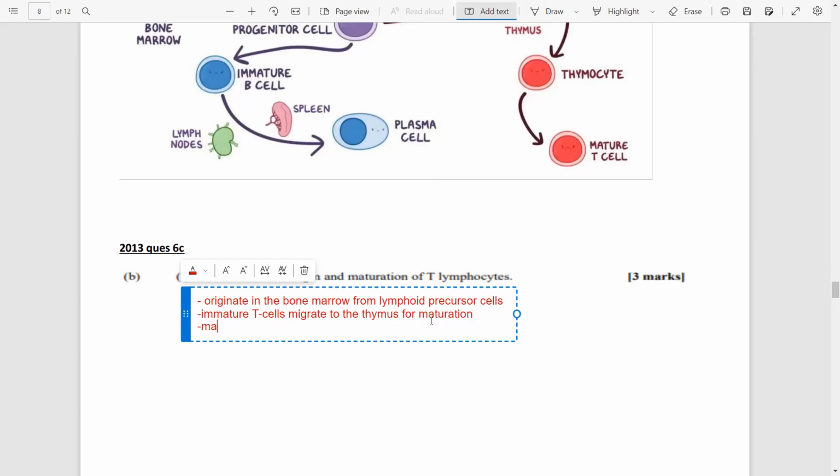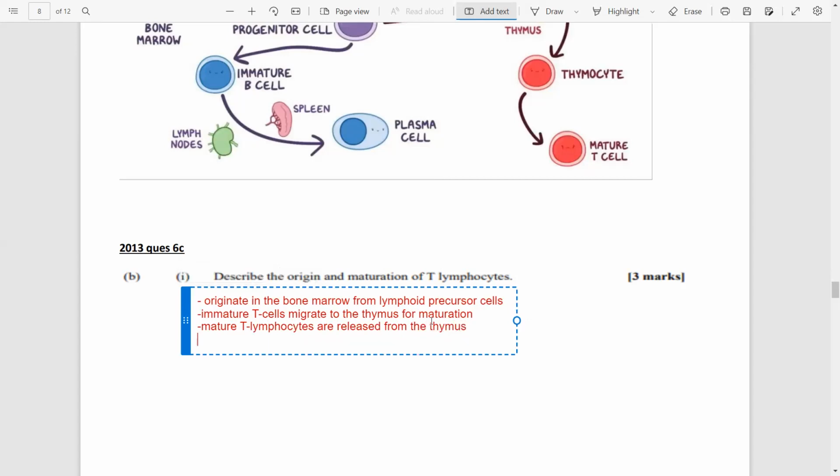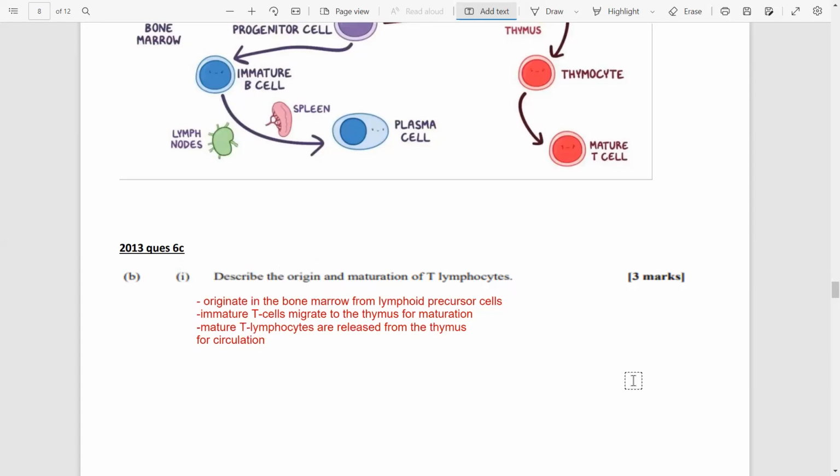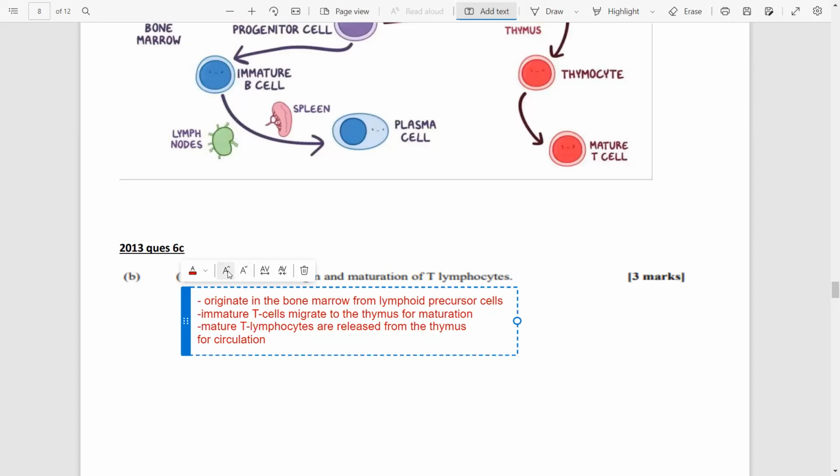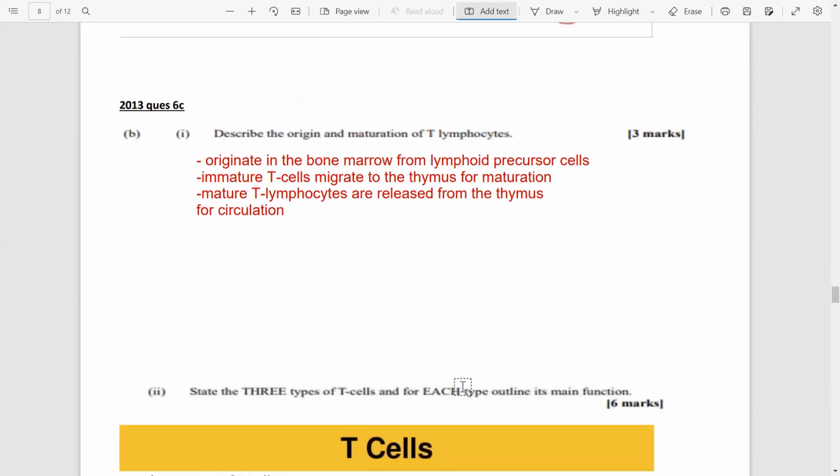And then the mature T lymphocytes are released from the thymus for circulation. Yep, so that's how the T lymphocytes would be formed and mature.